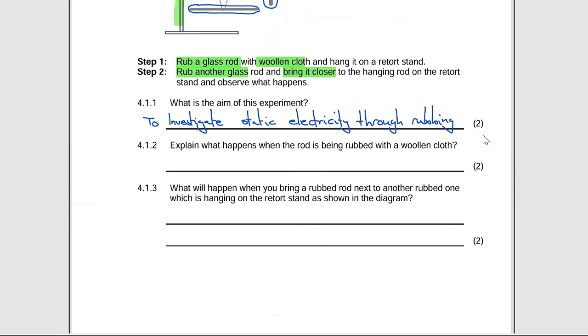Then after that, they are asking us to explain what happens when the rod is being rubbed with a woolen cloth. It means there is going to be a transfer of electrons.